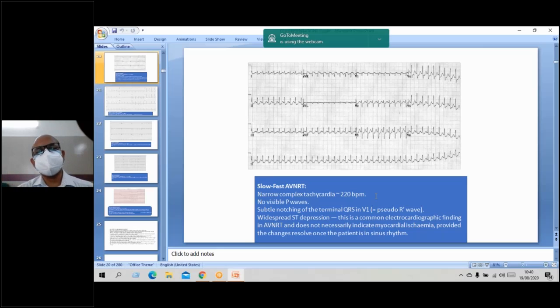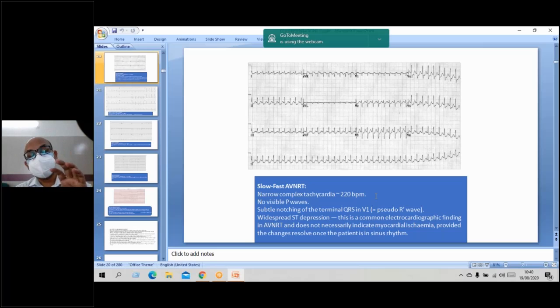And what is the prophylactic treatment? Reassurance, avoiding aggravating factors. Number three, give a beta blocker or calcium channel blocker, especially verapamil, or propafenone or flecainide. Class 1A antiarrhythmics may also be used. And finally, radiofrequency catheter ablation.